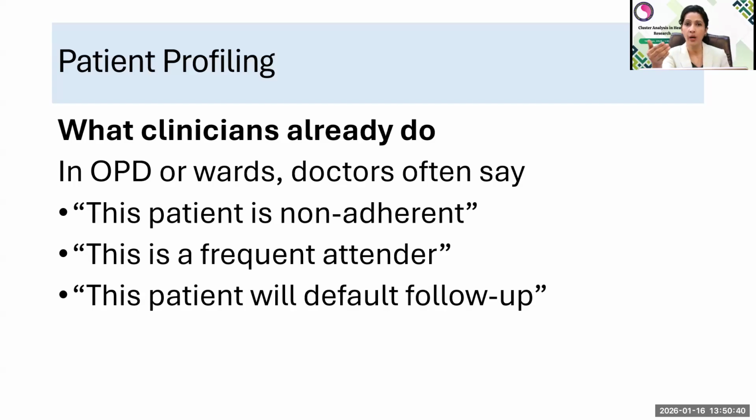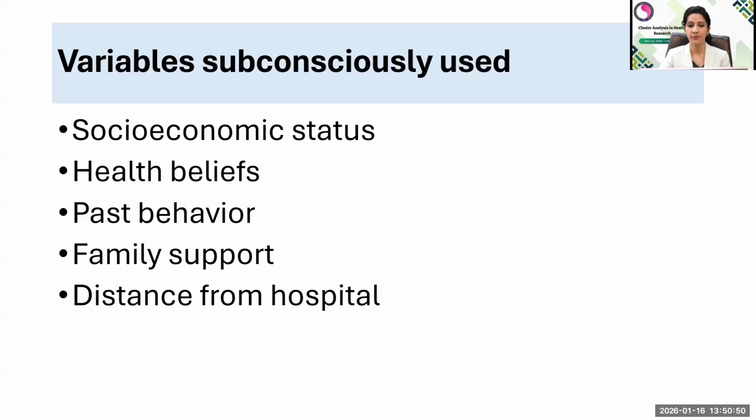Quite a few times we see that there are people who are very adherent, and a person who is adherent in one domain of life will be adherent in mostly other domains also. So that is based on our subconscious decision, but again that implicit clustering we are using in our day to day life.